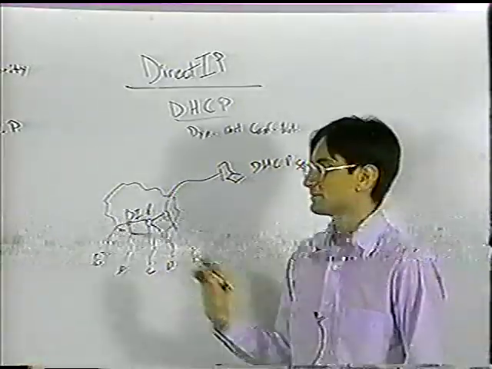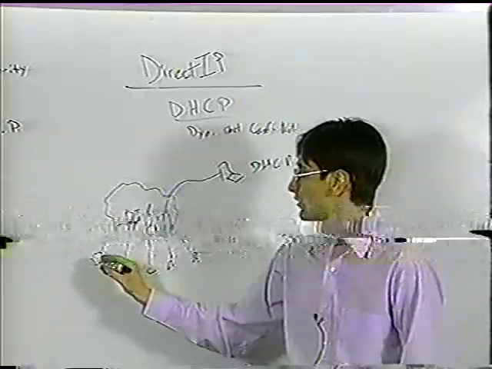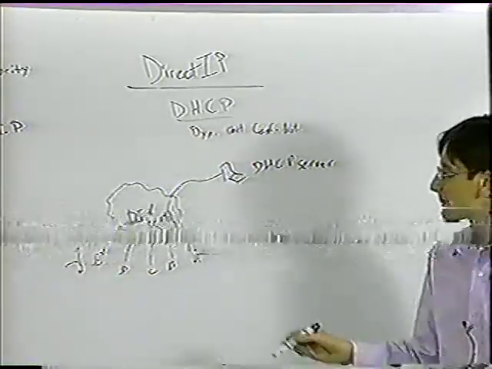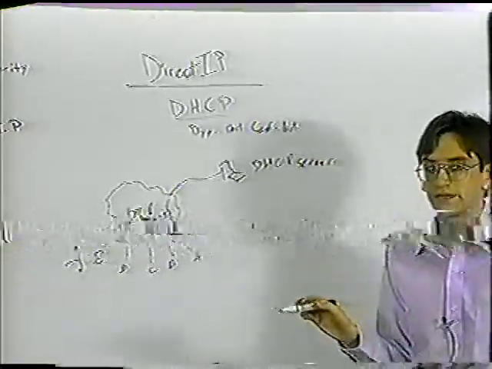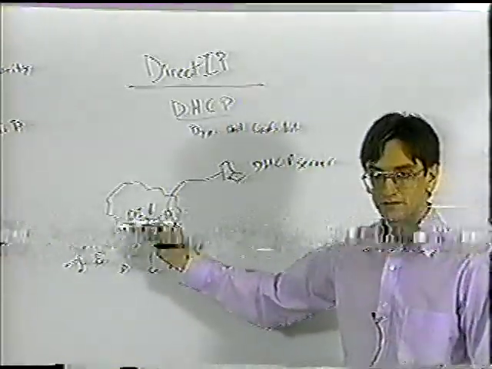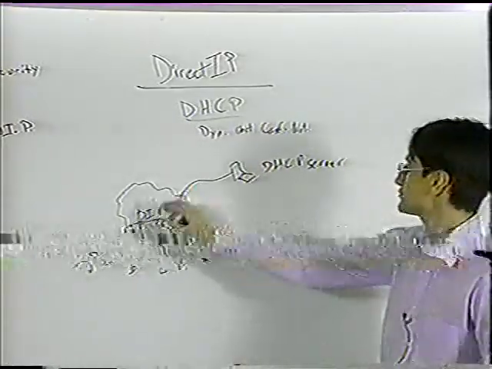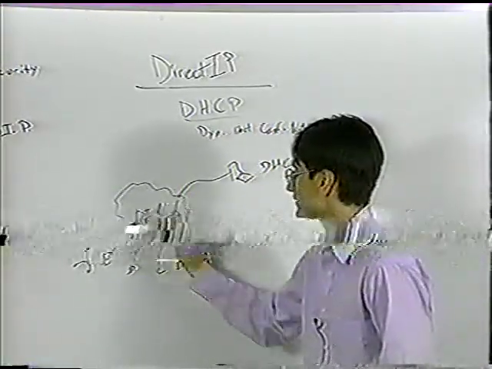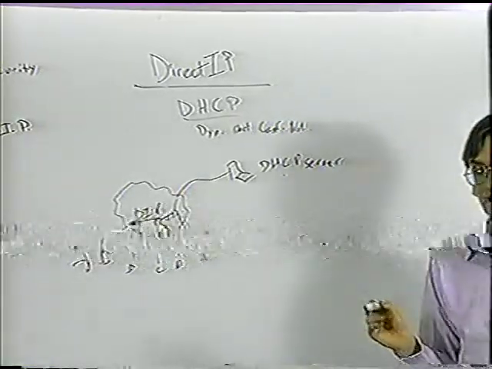Now these hosts, when running DHCP, will send a broadcast to find a DHCP server. The direct IP switch can be configured to redirect this DHCP message to the actual DHCP server, but with the information of which subnet the request originally came from.